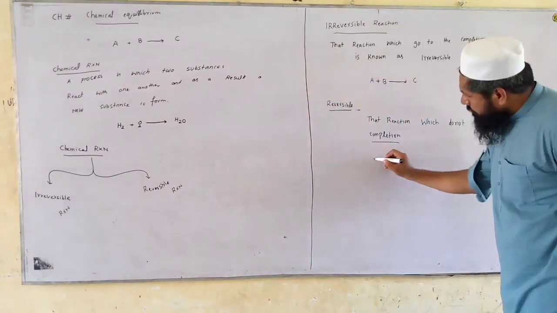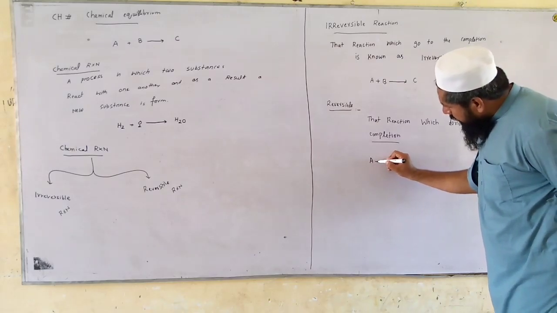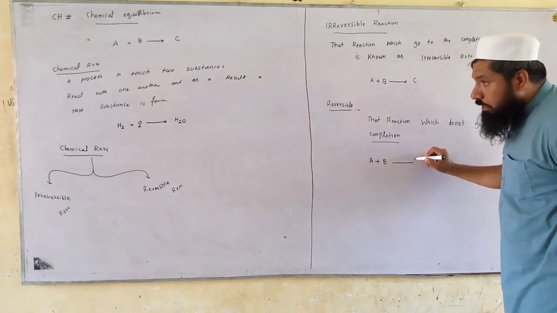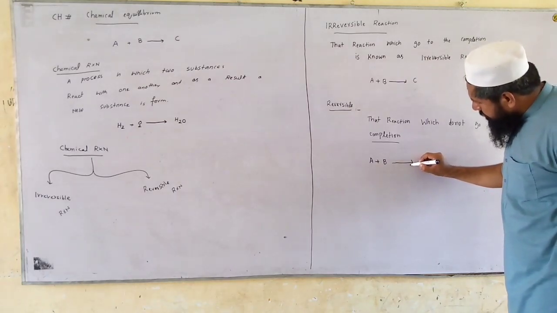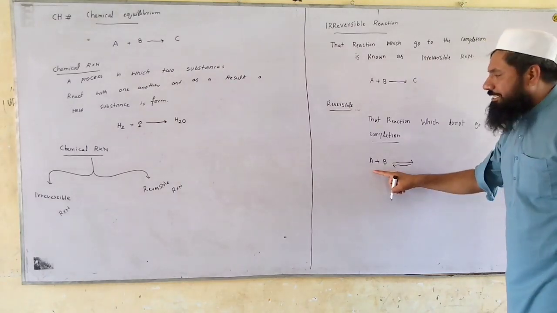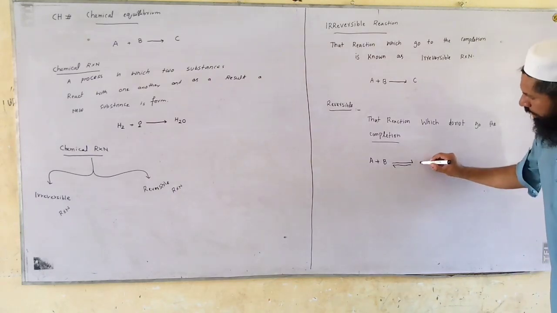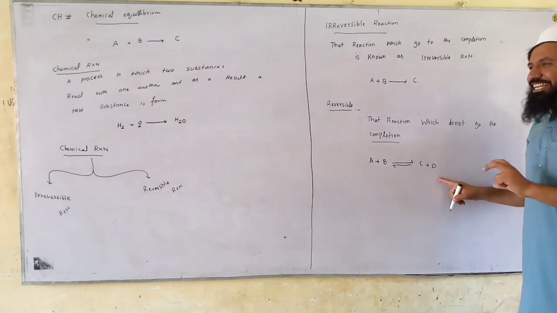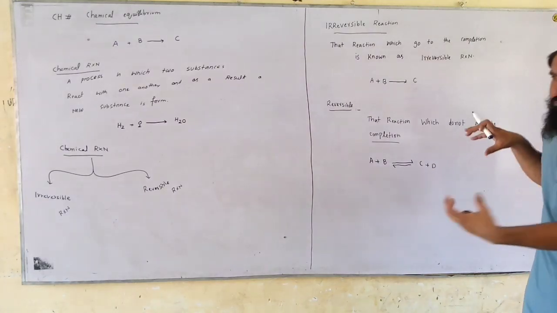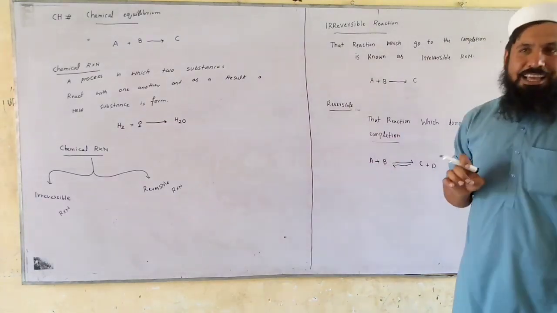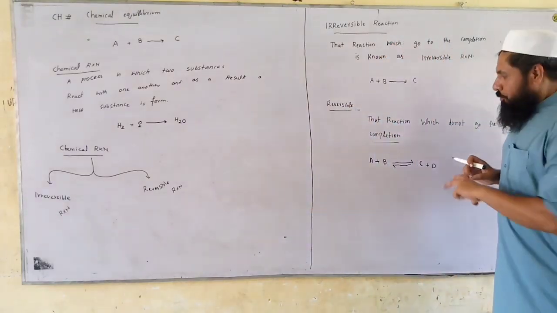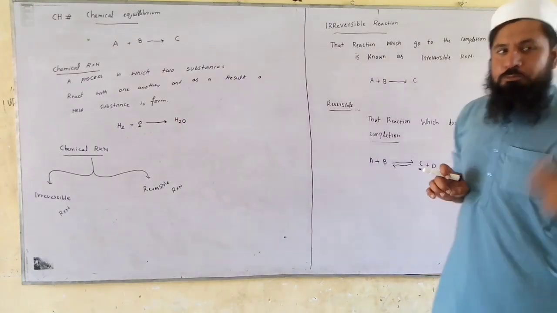For example, if I react A and B, I will get C and D, and then when C and D are formed, they react with one another and will again reform A and B. So what will be the result?